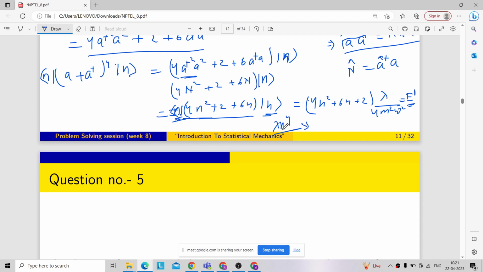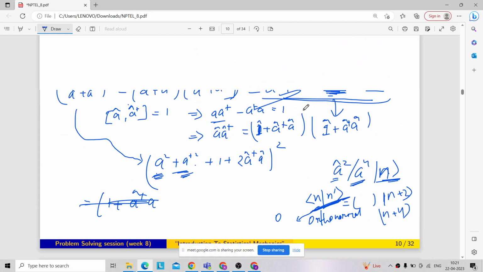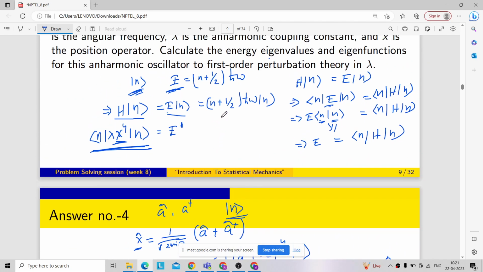So the energy correction to the system due to this anharmonic term is this. So this will be simply added to the harmonic oscillator energy, n plus half h cross omega, right?